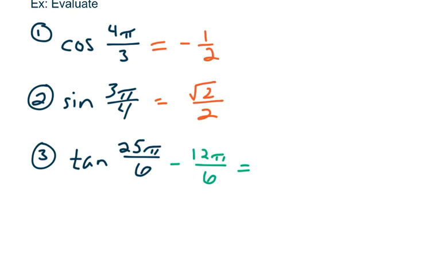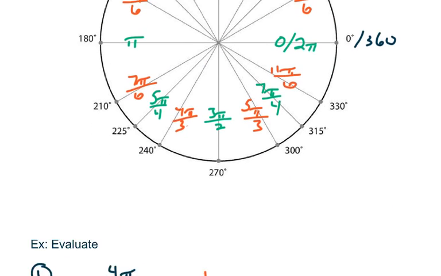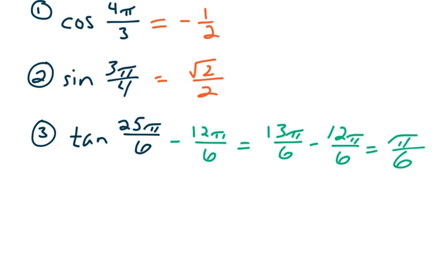So 25 minus 12 is 13 pi over 6. But that's still too big. That's still one full rotation plus a little more. So I'm going to subtract another 12 pi over 6, and that's going to give me pi over 6. That's something that's on the unit circle. Pi over 6, 30 degrees. We know the tangent of 30 degrees.